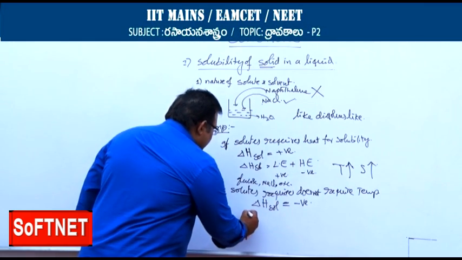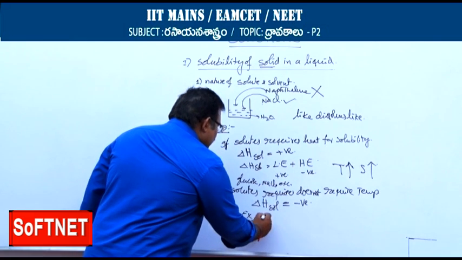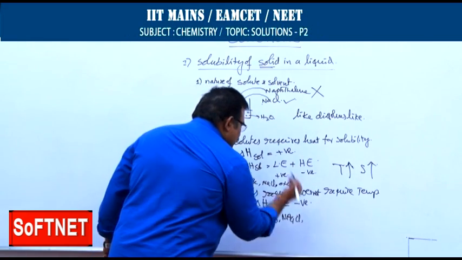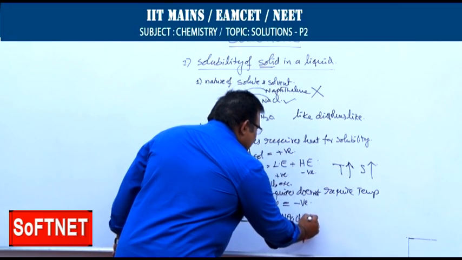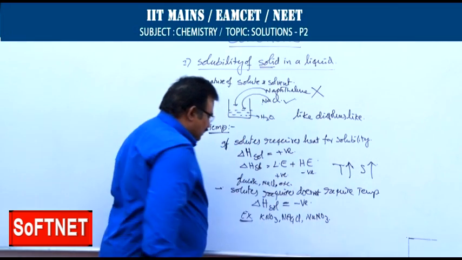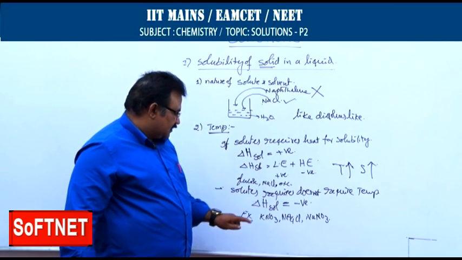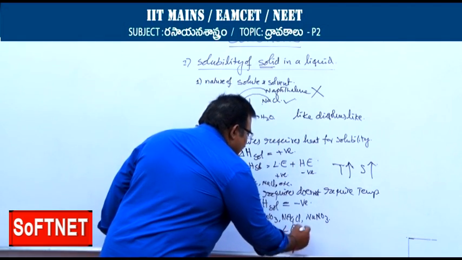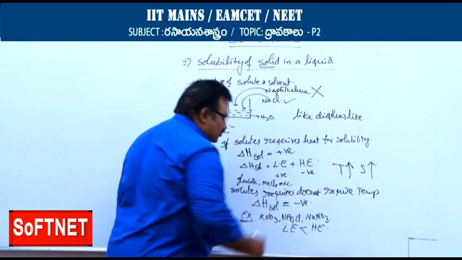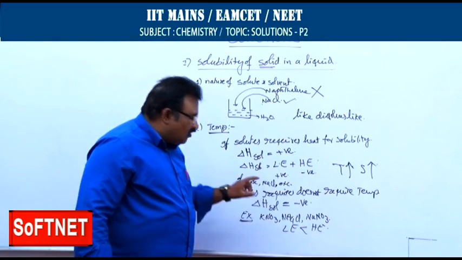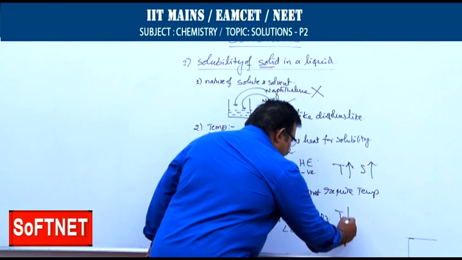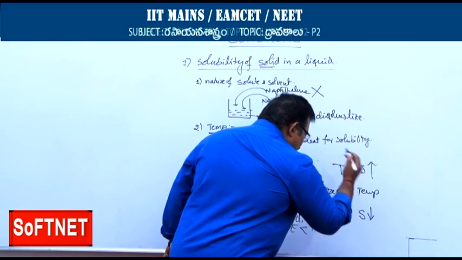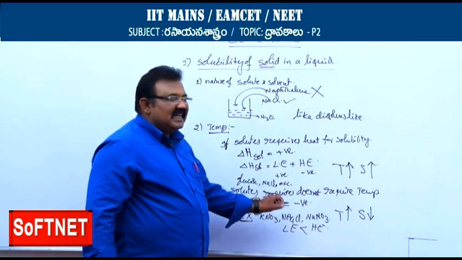Because if you take examples like KNO3, ammonium chloride, NaNO3, this type of salts, their lattice energy is less than hydration energy. For the solubility of these kinds of salts, heat is not needed. That means as temperature increases, the solubilities of these salts decrease.